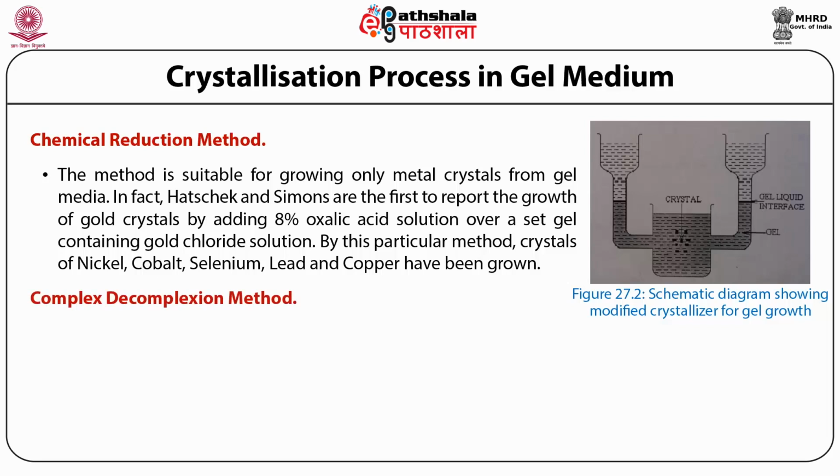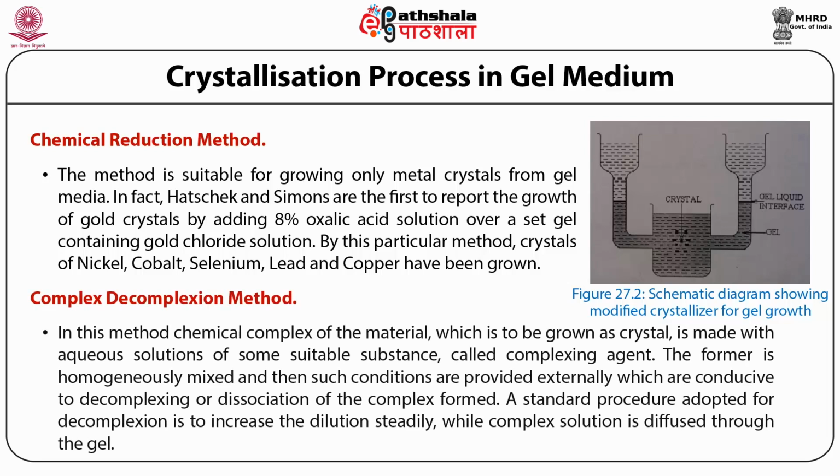Complex decomplexion method. In this method, a chemical complex of the material which is to be grown as crystal is made with aqueous solutions of some suitable substance called complexing agent. The former is homogeneously mixed, and then such conditions are provided externally which are conducive to decomplexing or dissociation of the complex formed.